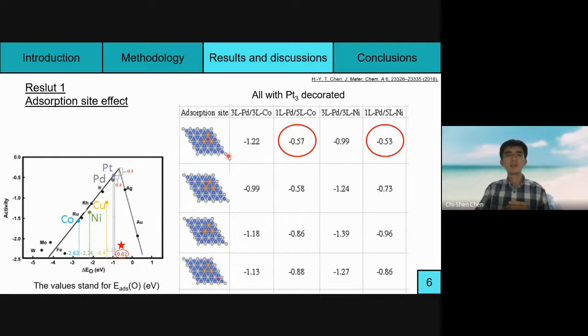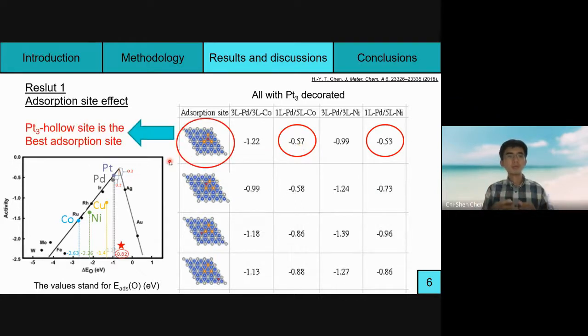And we find that when we adsorb the oxygen atom in the Pt3 hollow site, the adsorption energy values are larger. That means they are weaker than others. So we think that platinum 3 hollow site is the best adsorption site.